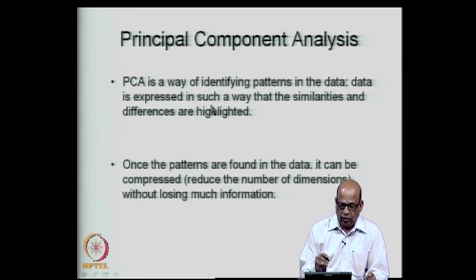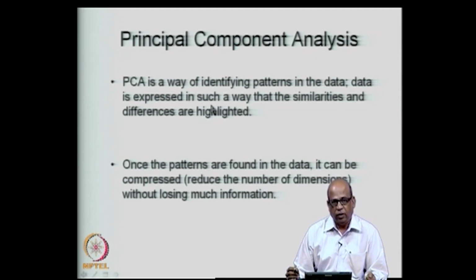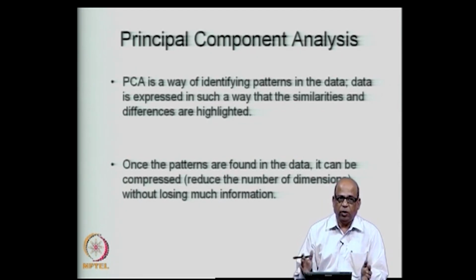So, PCA is a way of identifying the underlying patterns in the data, and then once we identify the patterns, we express this data in such a way that the similarities among the data and the differences among them are highlighted in some sense. And once the pattern is found, the data can be compressed without losing too much of information.